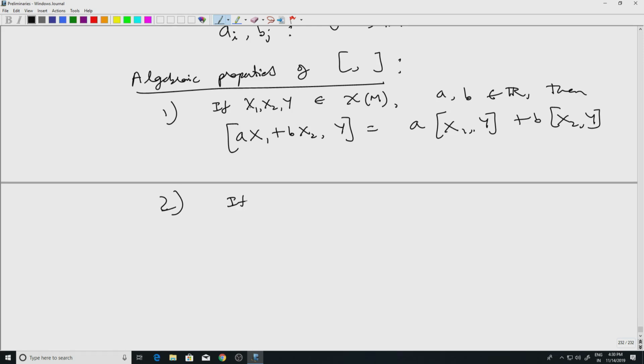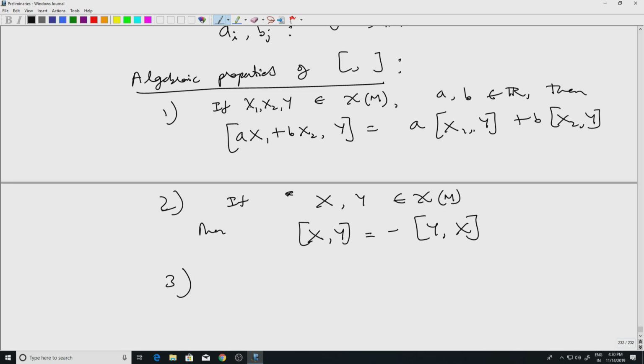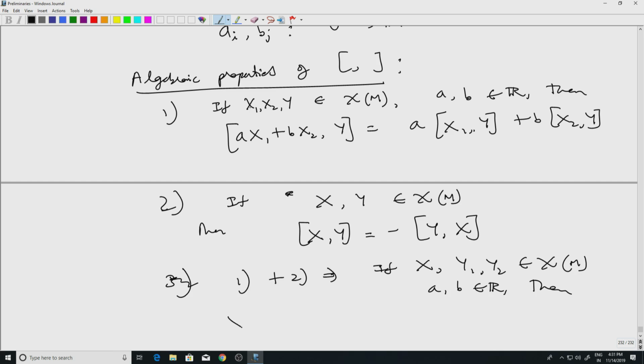Similarly, if X, Y are two vector fields, then the Lie bracket of X, Y is the negative of the Lie bracket of Y, X. If I combine properties 1 and 2, I see that in the second slot as well one has linearity: if x, y1, y2 are three vector fields and a, b are two real numbers, then the bracket of x with a y1 plus b y2 is equal to a times the bracket of x, y1 plus b times the bracket of x, y2.